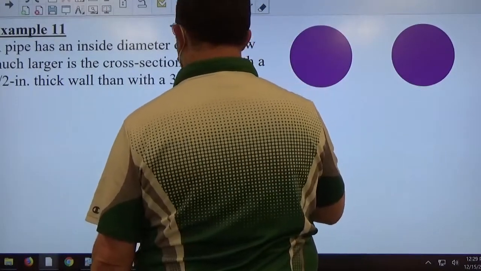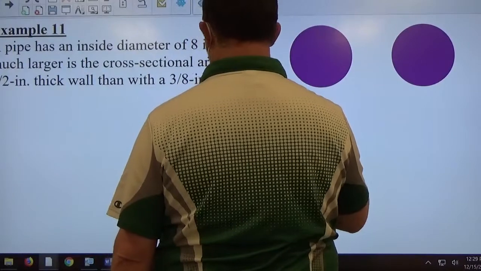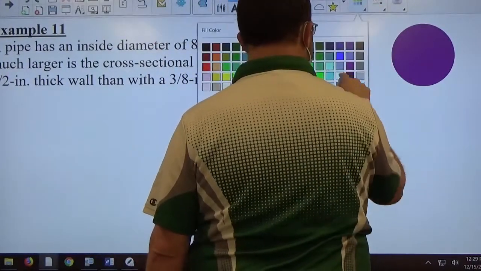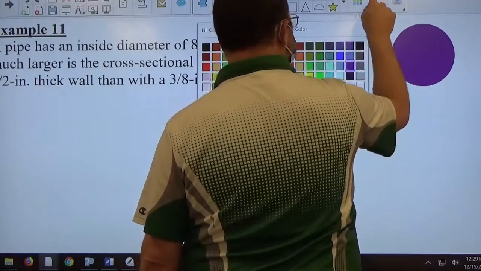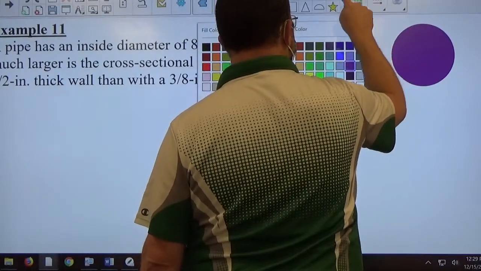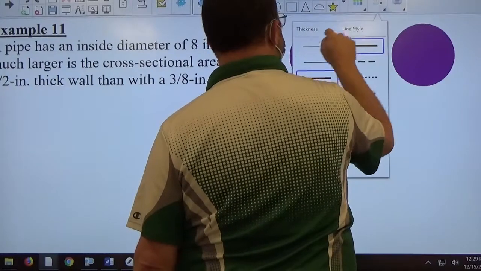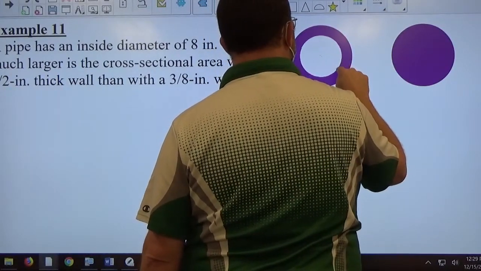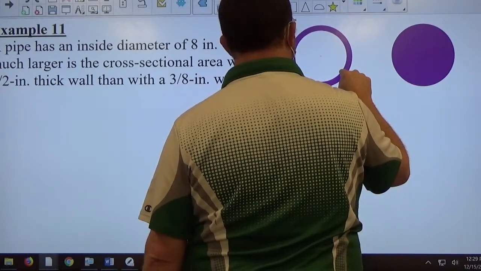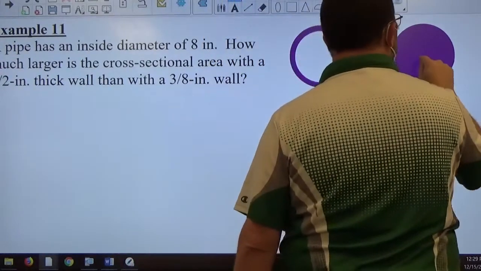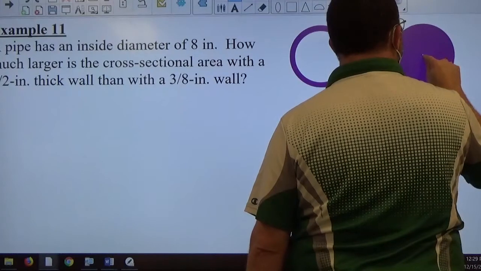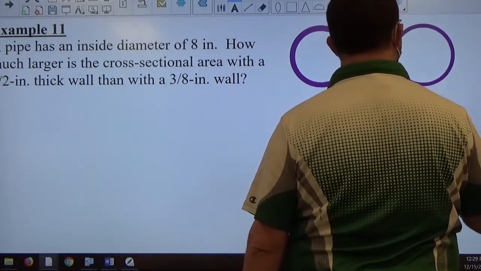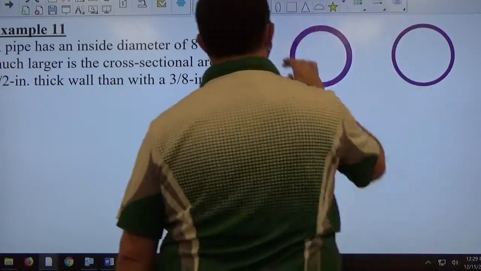One's going to have a 1/2 inch wall and the other's going to have a 3/8 inch wall. So let's make that the 1/2 inch wall. 3/8 is less than 1/2, right? We'll make that a little bit thinner. There we go.